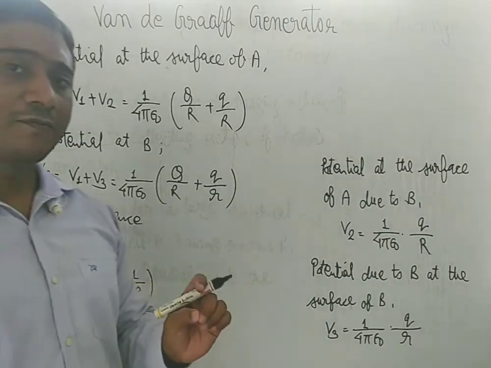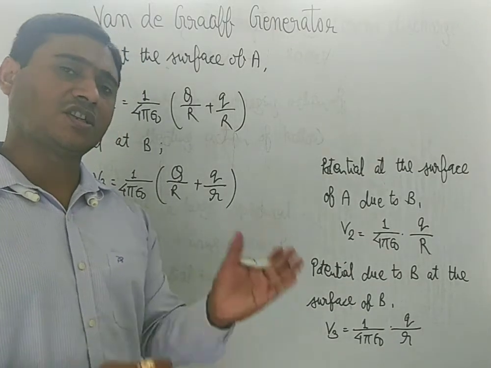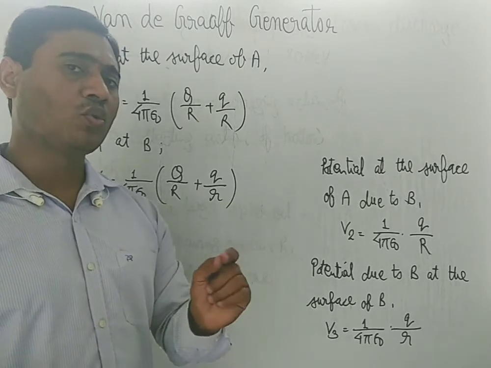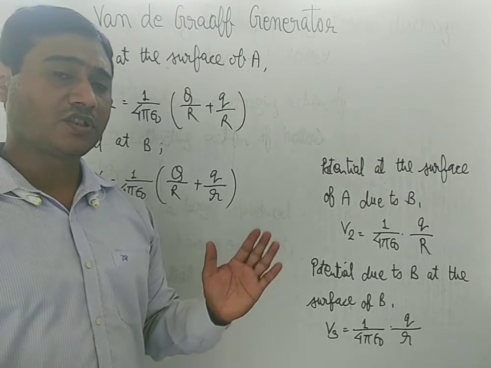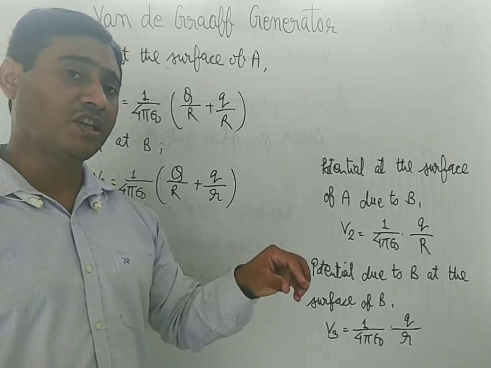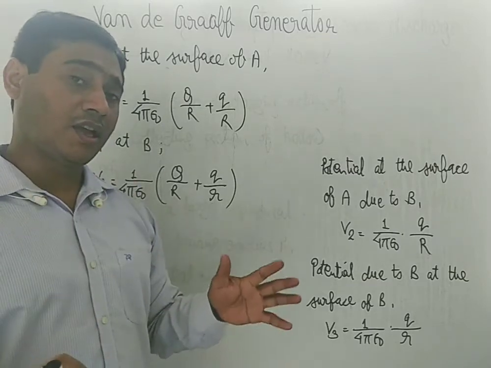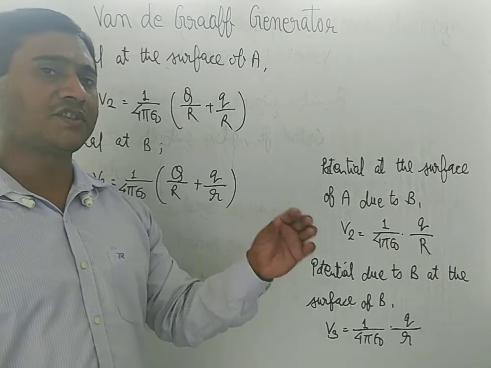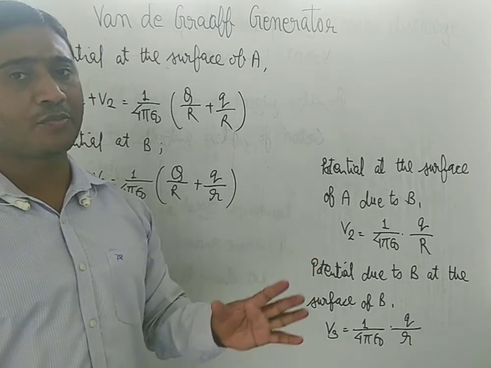Now if the sphere B is connected to the conducting shell A through a conducting wire, then the charges will start flowing from the metal sphere B to the shell A, as the shell A is at lower potential and sphere B is at higher potential.